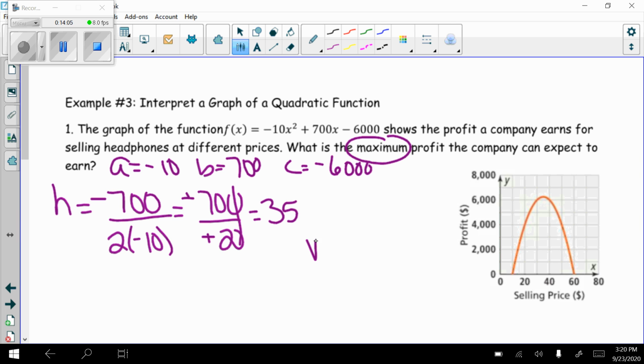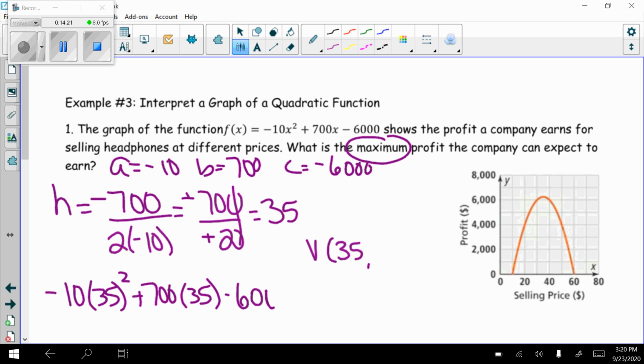So I know my vertex is at 35 something. So now I need to plug that in to find my y value. So again, we're going to have really big numbers. So -10 times 35 squared plus 700 times 35 minus 6,000. When we plug all of that in and work it out, we end up with 6,250 for our y value.